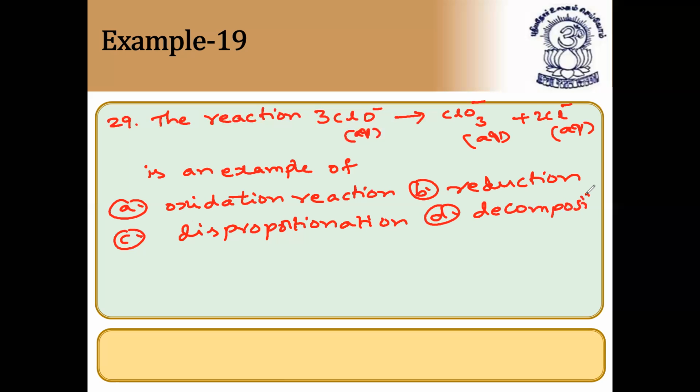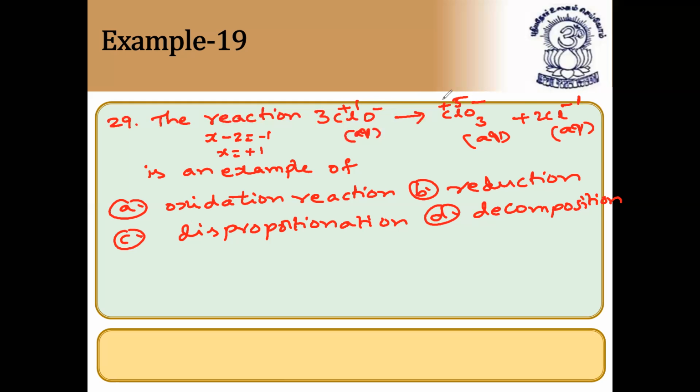So already we know chlorine, bromine, and iodine undergo disproportionation reactions. In this case, if you see clearly, the oxidation state of chlorine here is x minus 2 equals minus 1, which implies x is equal to plus 1. Here the oxidation state of chlorine is plus 5, and here it is minus 1.